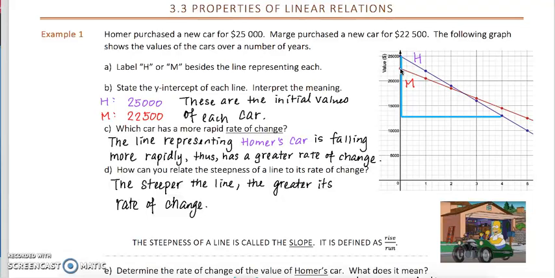And if you start from Marge's initial value, after 1 year, her car only decreased by about 1.5 units on the grid. So it tells me that Homer's car's value is actually dropping faster. If you compare the steepness of the two lines, Homer's car's line is dropping much faster, or has a steeper slope. Therefore, we can conclude that Homer's car has a greater rate of change.